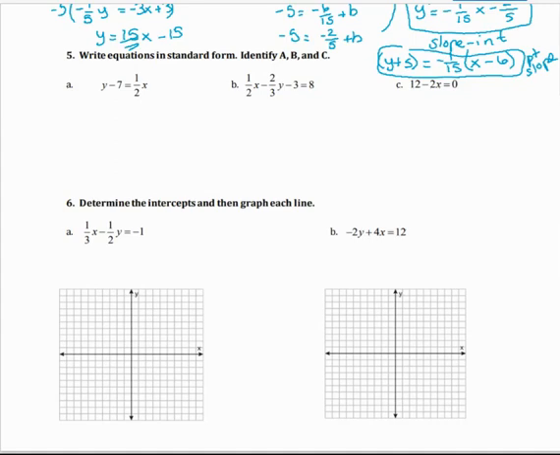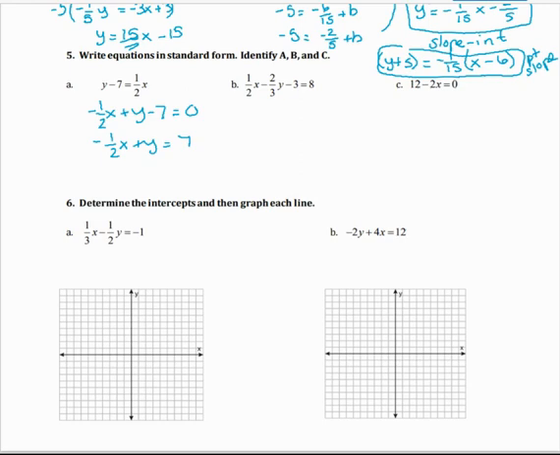All right, and last but not least, I'm going to have you practice writing in standard form, so just rearranging these equations. I'll do one of them here. So this guy here, to write it in standard form, we need to bring our x over. So now I'll have -1/2 x plus y minus 7 equals 0. We need to have our constant on the right side, so I'll add 7. Now I'm in pseudo-standard form.